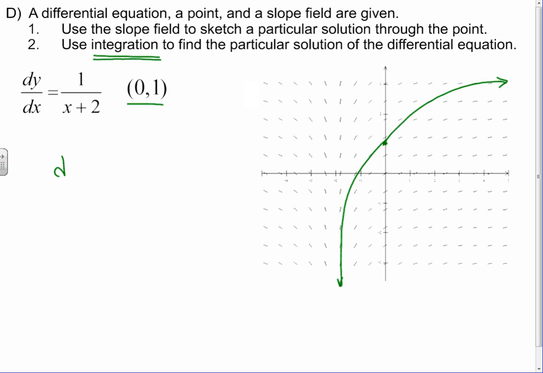So first thing I'm going to do is separate my dy dx. So I'm going to multiply by dx on each side and swing that dx over. Next thing, let's do an integral on each side. So we're going to integrate the differential y, and we're going to integrate this right side with respect to x.